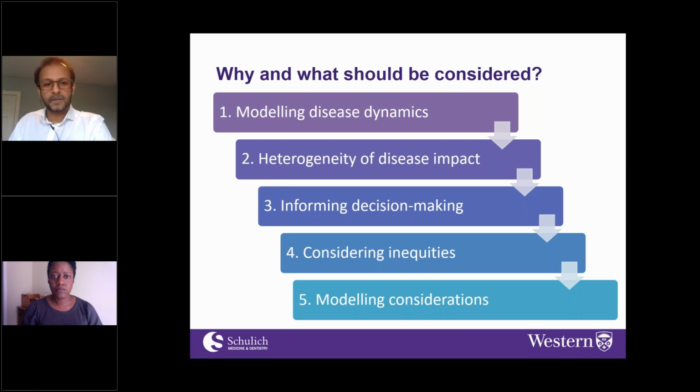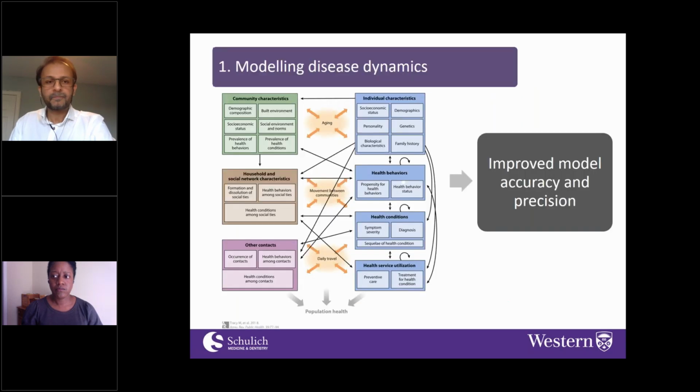This then feeds into informing decision making and considering social factors within that space. Some guidelines, not many, talk about considering inequities, and then there are some technical recommendations that were made, which we will be talking about towards the end.